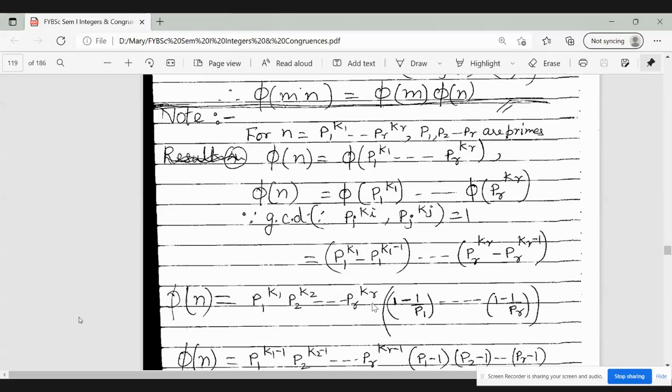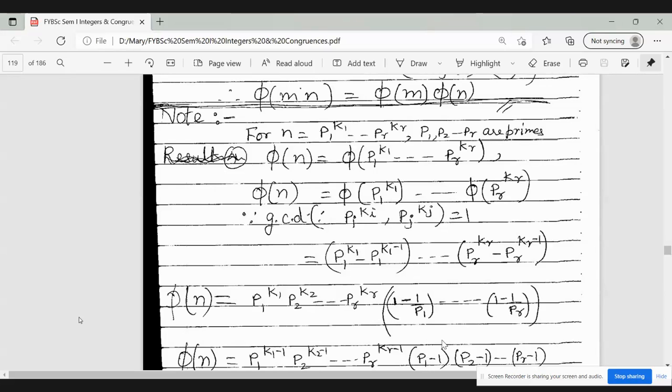This is one formula. Another formula is you take this common, p1 raised to k1 minus 1. This formula can be used, this or this. So if I take p1 raised to k1 minus 1 common, what will remain here? 1 by p1 and here minus 1.